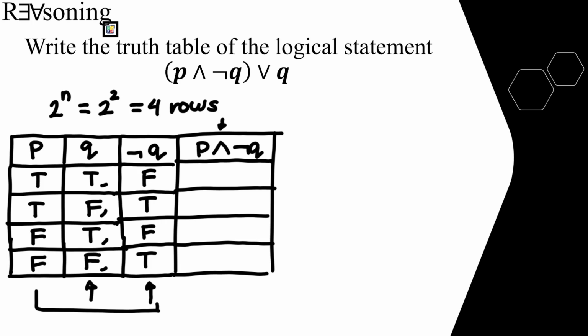Now looking into that, P is true but not Q is false for our first row. This tells us that the result of the conjunction is false because they should both be true.